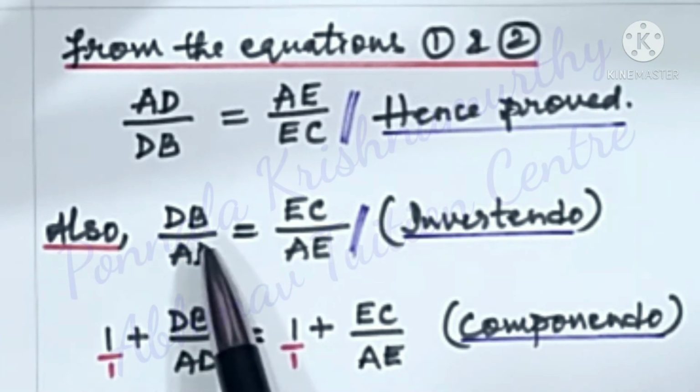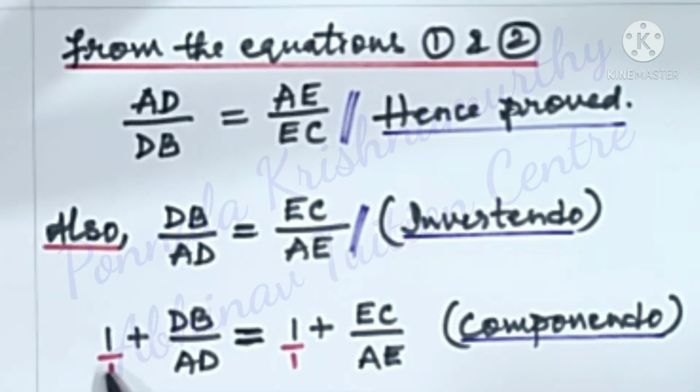Now, if we add 1 on the left hand side and on the right hand side also, 1 plus DB by AD is equal to 1 plus EC by AE. This is called componendo.